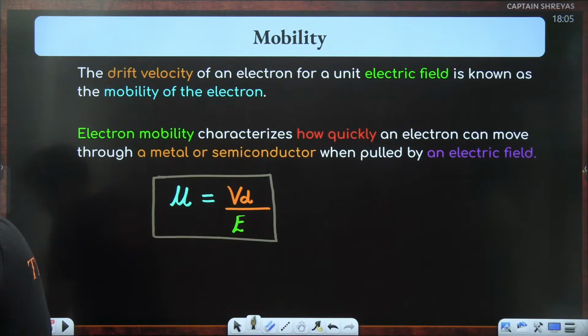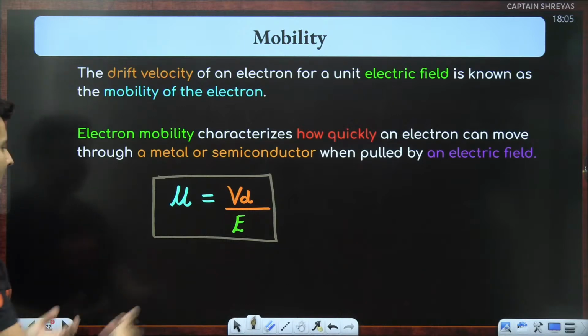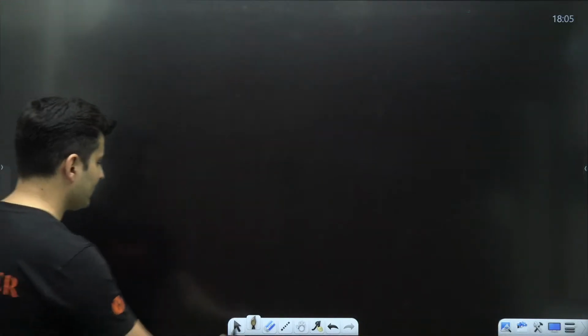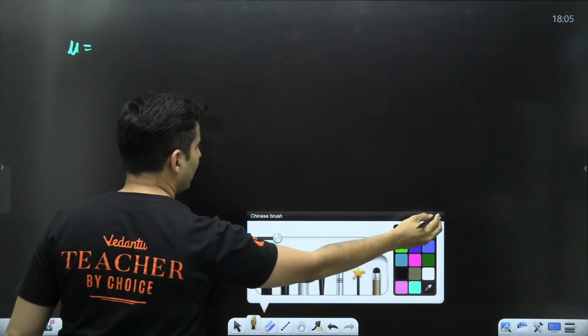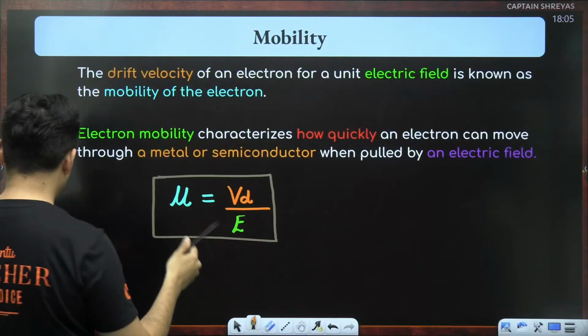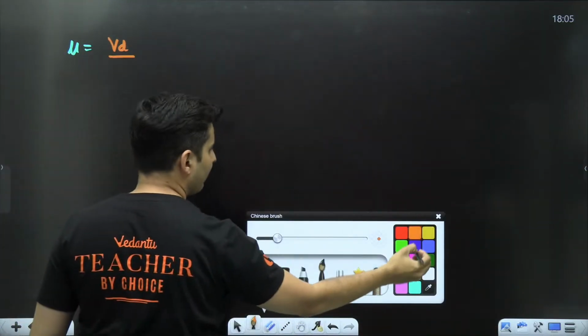Great. Awesome. Laws of motion will come later on, don't worry about it. Are there different ways of writing mobility in terms of different things? The answer is yes. See, mobility was nothing but, just like over here, drift speed per unit electric field.